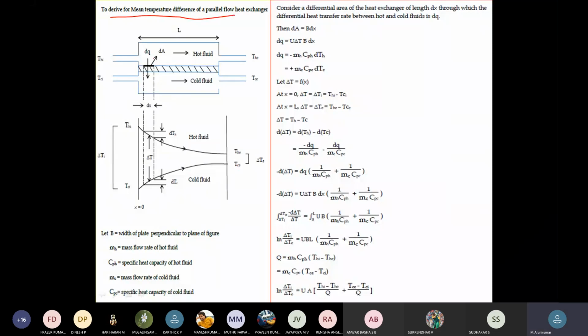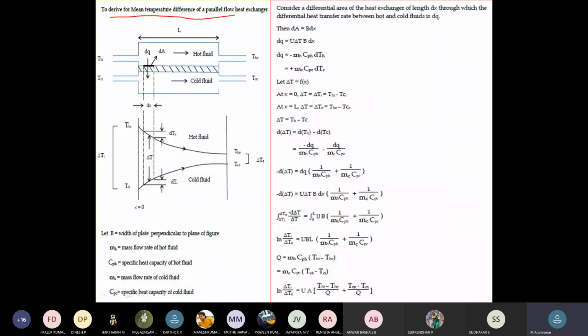That is B. Right. So just consider, let B equal to the width of the plate perpendicular to the plane of the figure, right?